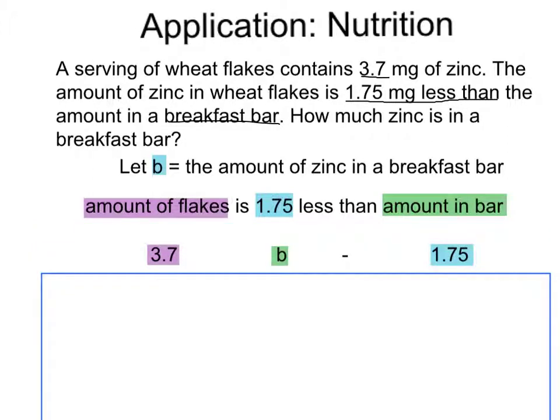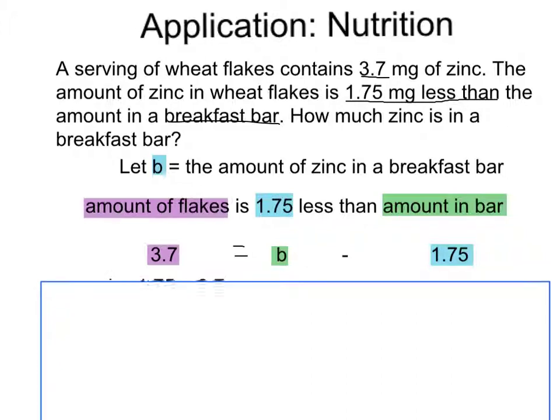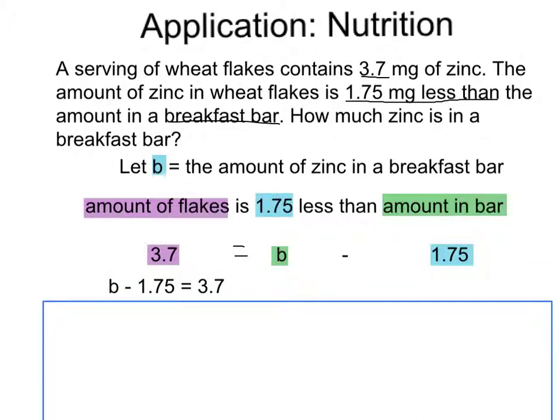So we know the amount in the flakes is 3.7. B is for bar. The B goes first. Oh, I need an equal sign. The B goes first because it says 1.75 less than the amount in the bar. So that tells us that the 1.75 is going to come after the B. So then that gives us the equation B minus 1.75 equals 3.7.